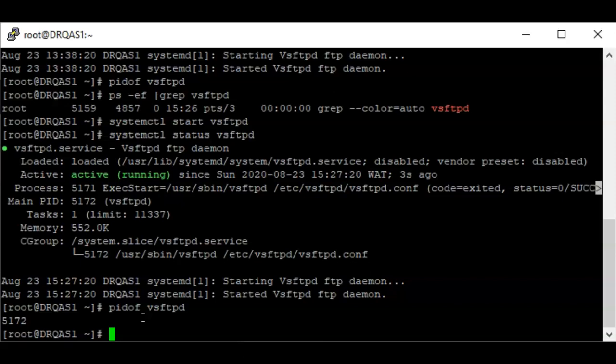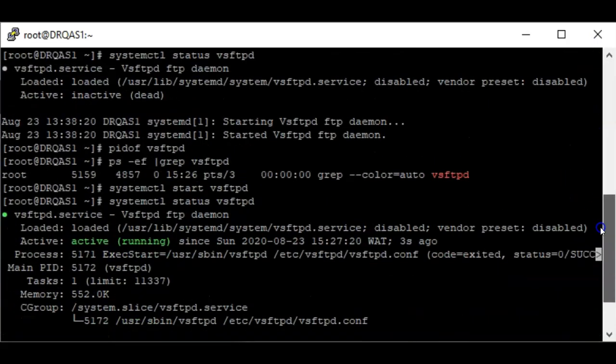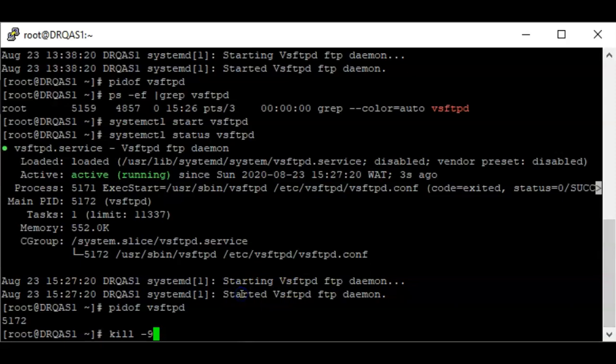To kill this process, I'm going to use the command kill followed by -9, just like I showed you when we looked at the man page of the signal command.